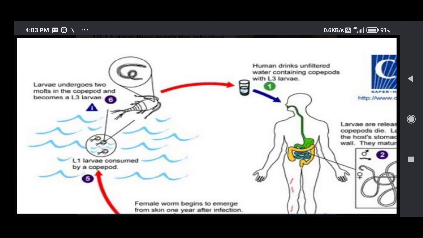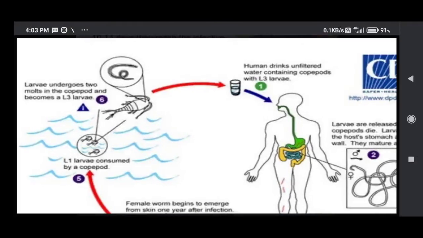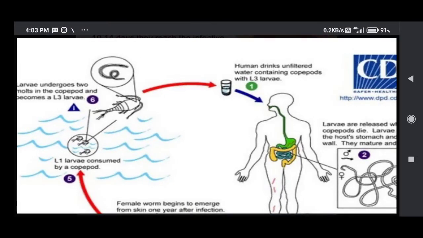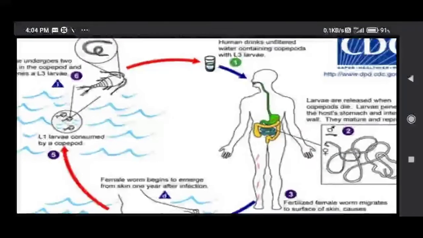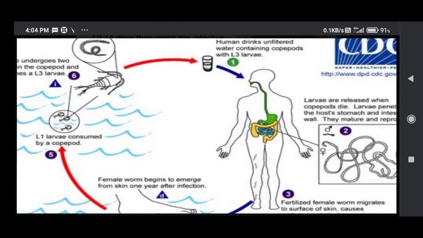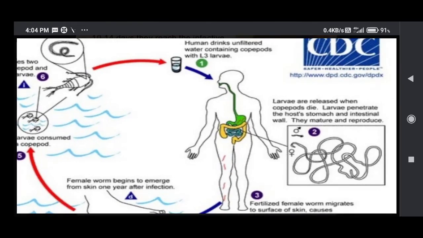Whenever a person consumes water contaminated with copepods carrying L3 larvae, and the water enters the stomach, the copepods die from the stomach acid. From the copepods, the larvae are released. The released larvae enter the peritoneal tissues of the stomach or intestinal wall.